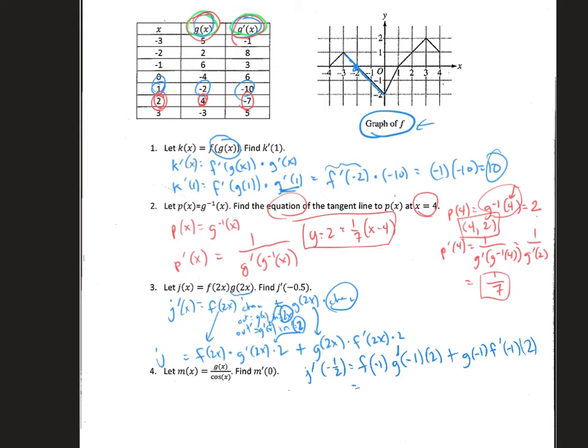And now I'm going to plug in everything using my chart and my graph. So f of negative 1 means I want the y value on the graph of f when x is negative 1.